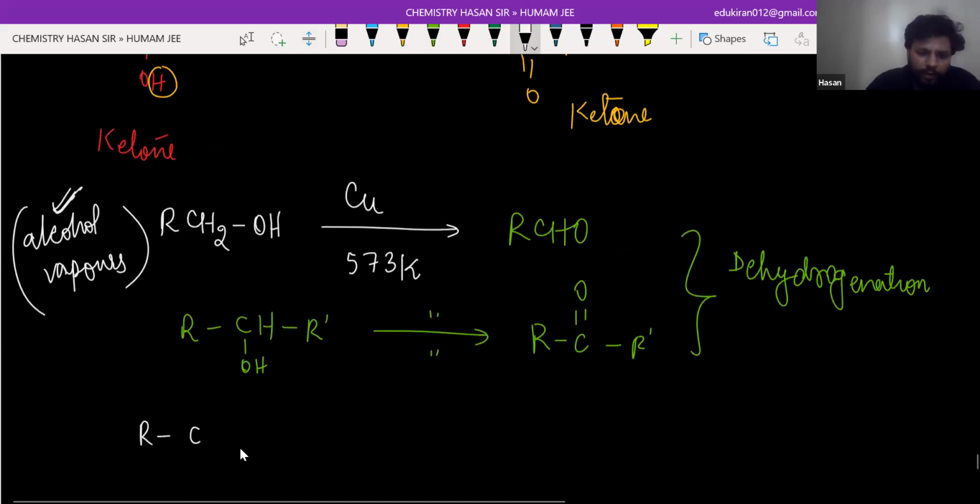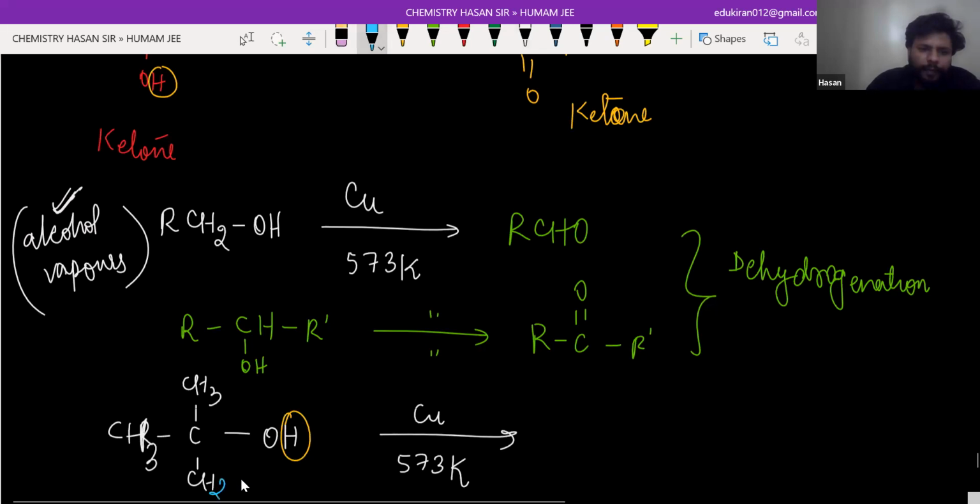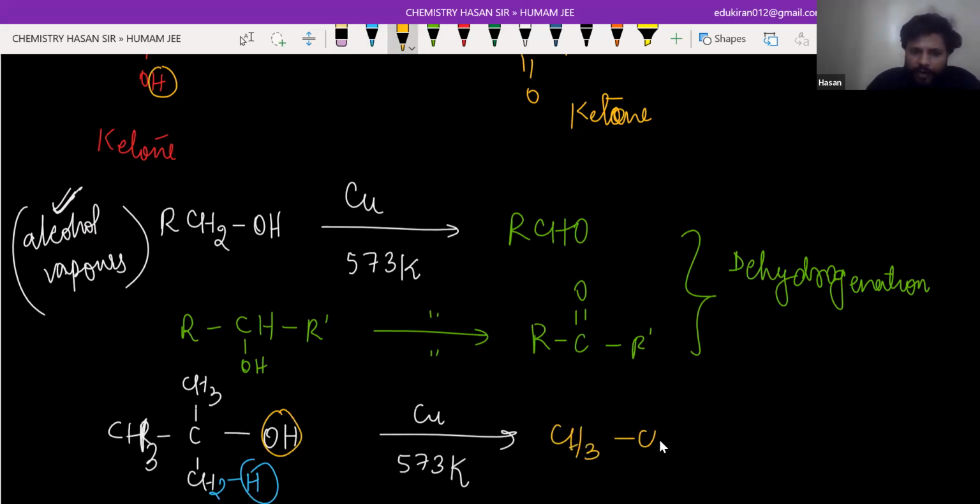Let's say CH3 is there, and I'm going to make it this side CH3 as well. CH3 is there, OH is there. And if you are going to use heated copper at 573 Kelvin, basically OH from here and hydrogen from here will be eliminated.